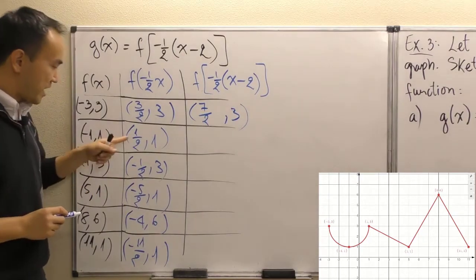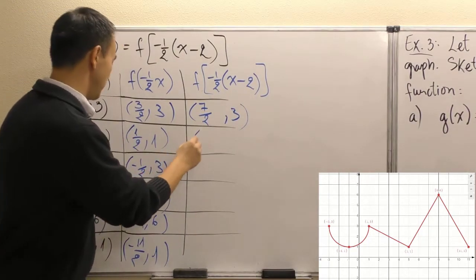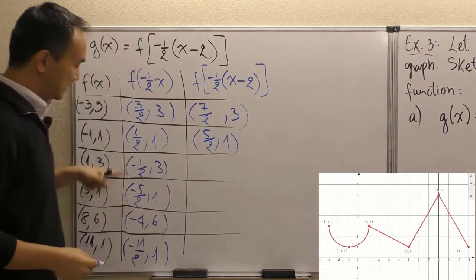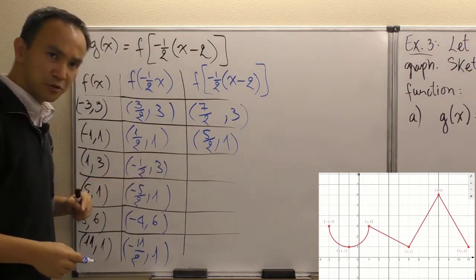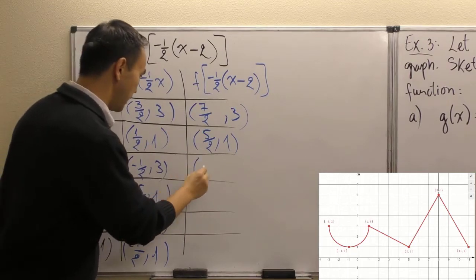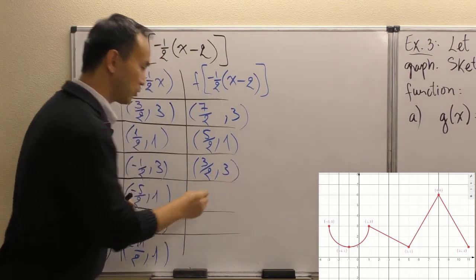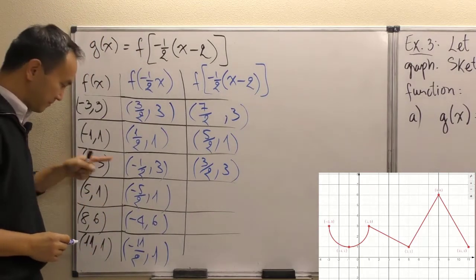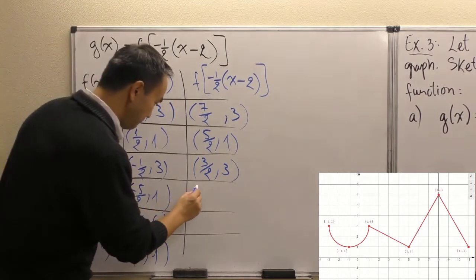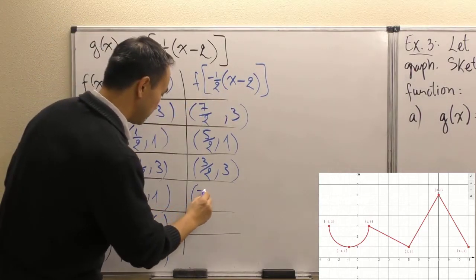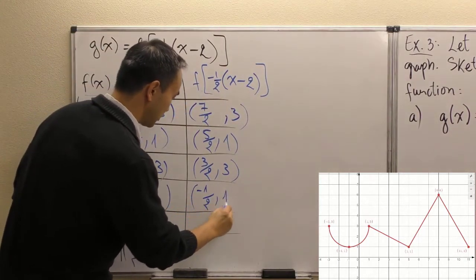1/2 plus 2 is going to give me 5/2, comma 1. Negative 1/2 plus 2 is going to give me a positive 3/2, and comma 3 for the y value. Minus 5/2 plus 2 is going to give me a negative 1/2, and comma 1.